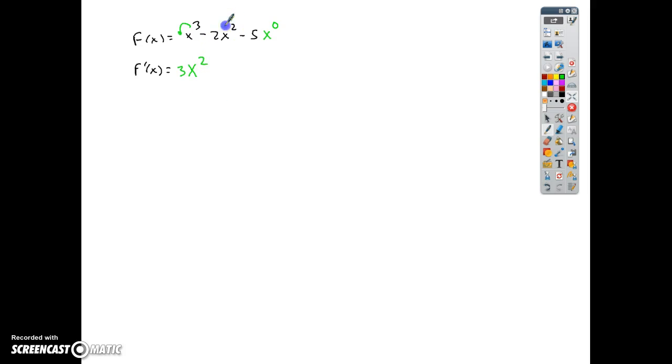Multiply 2 times 2, I get negative 4x, drop its power by 1. Bring this down, I get negative 0, x to the negative 1, which doesn't matter because 0 times anything is 0, so that goes away. And so my derivative would be 3x squared minus 4x, done.